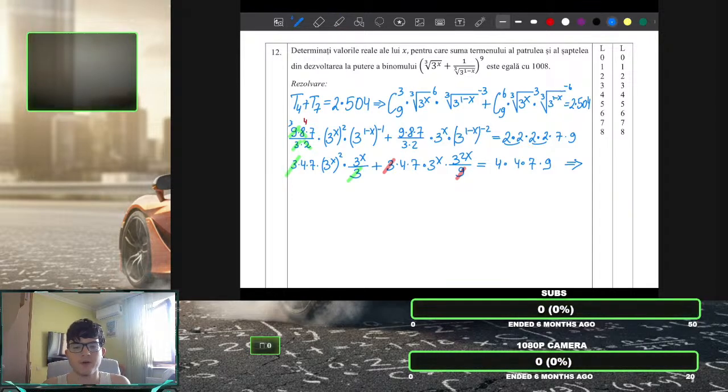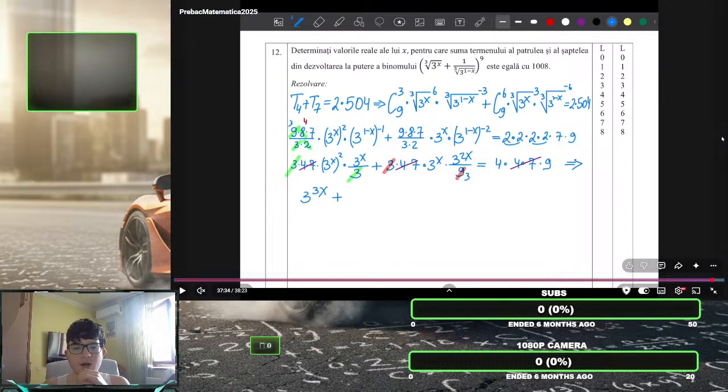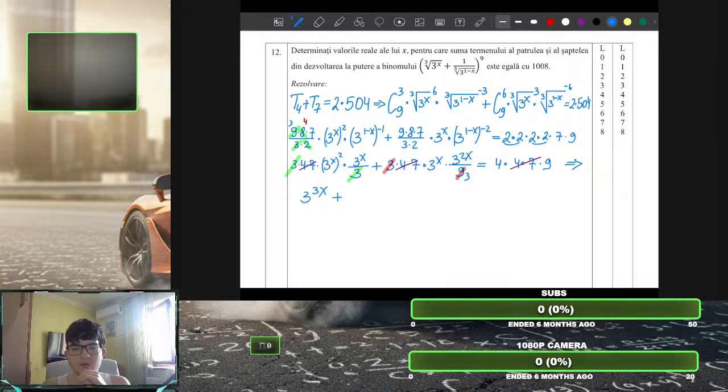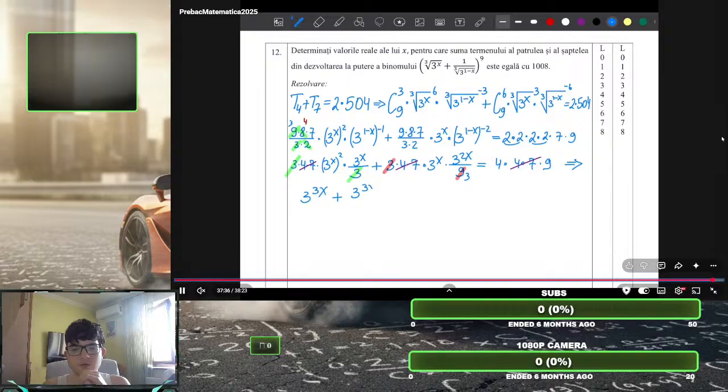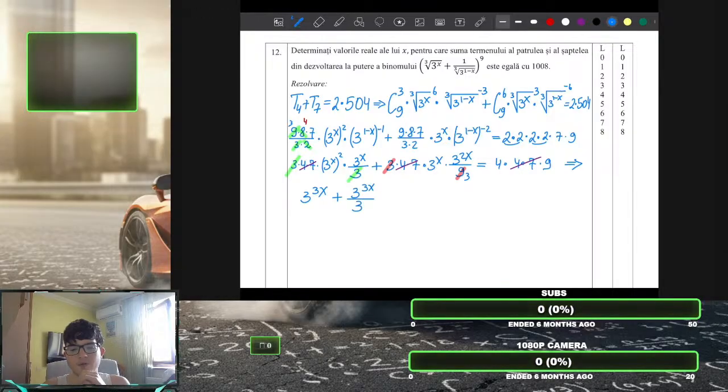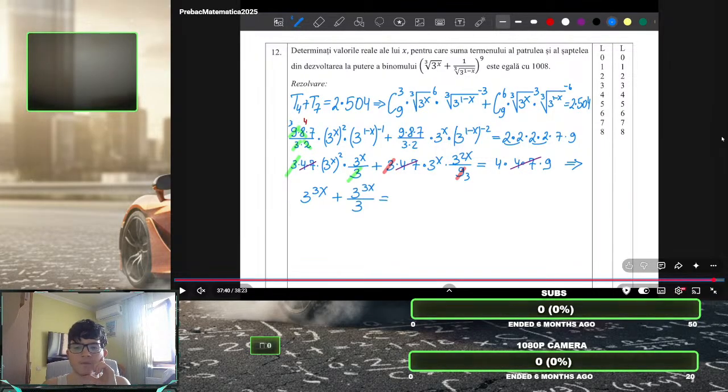This is 3 right there. And now what? 28 with 28. 3x with 3x. 3x with that x, and once again plus 3x, right? Divided by 3.